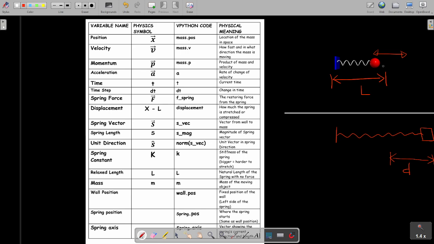And then you would have the length from here all the way to that extension. We'll call that length S, and it's a vector, and the magnitude of that S would be S magnitude, like that. So I believe you know all these equations.